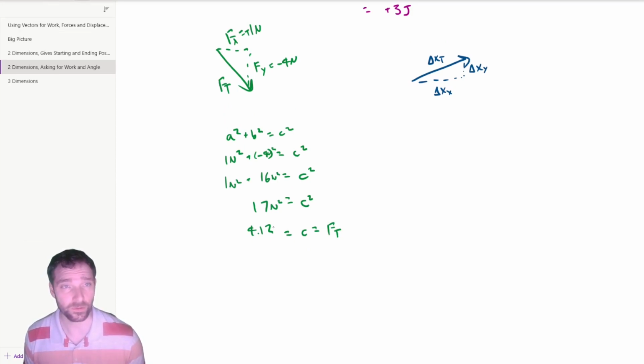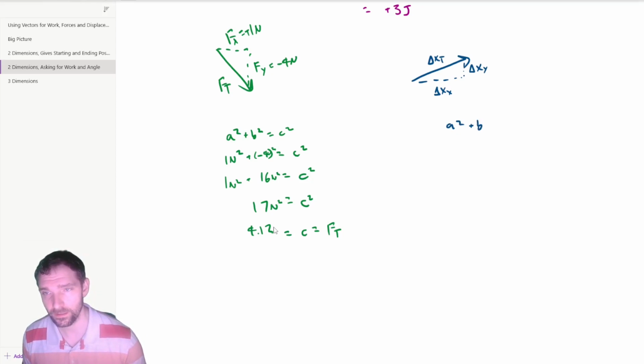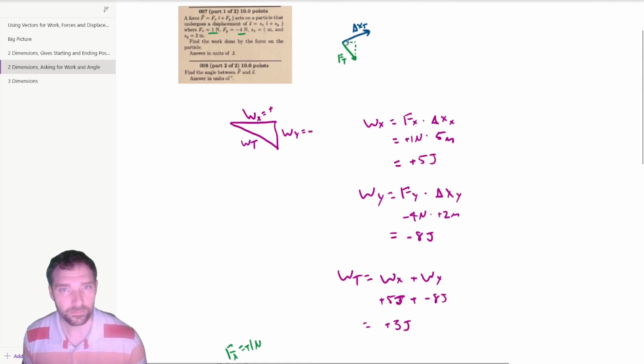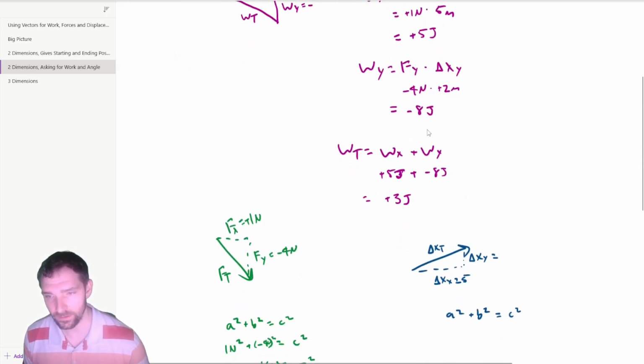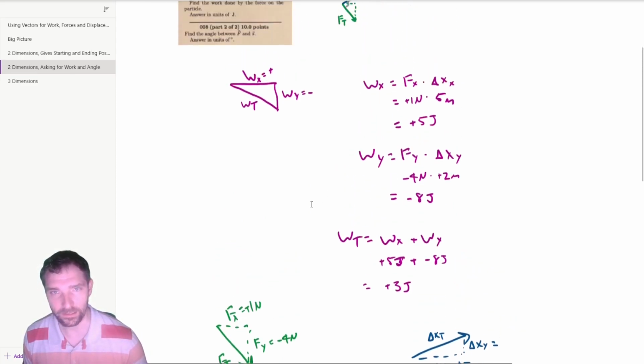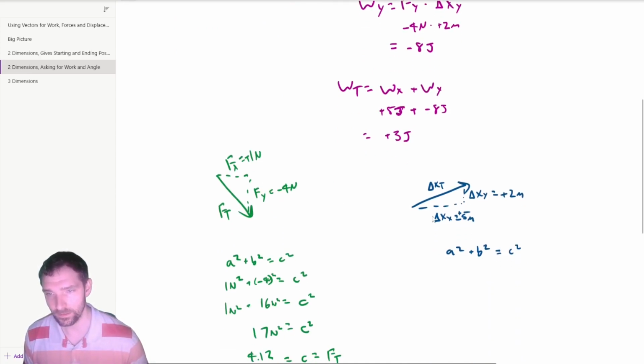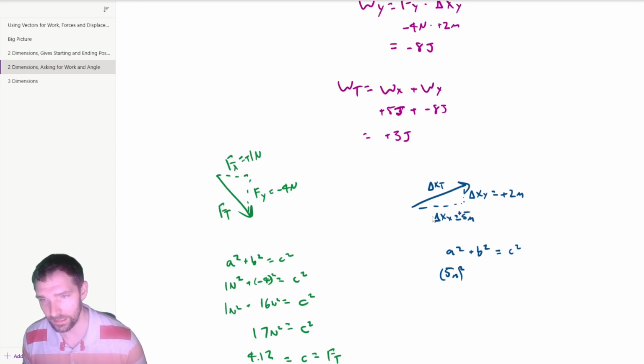And we can do the same sort of thing for our displacement. So instead of those forces in the x and y direction, we'll use the displacements. So the displacement in the x-axis was positive 5 meters, and in the y-axis that was a positive 2 meters. And so it's just a matter of taking the 5 meters, squaring that, and the 2 meters and squaring that.